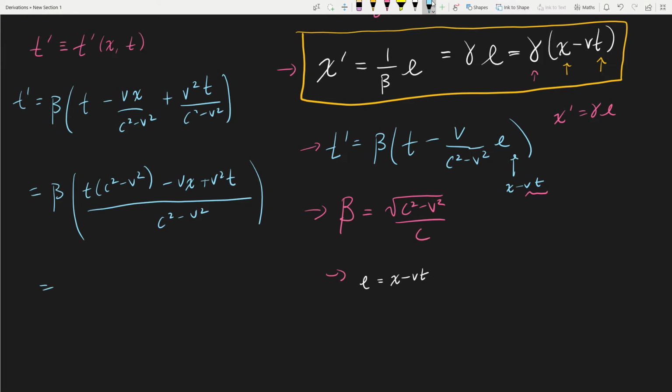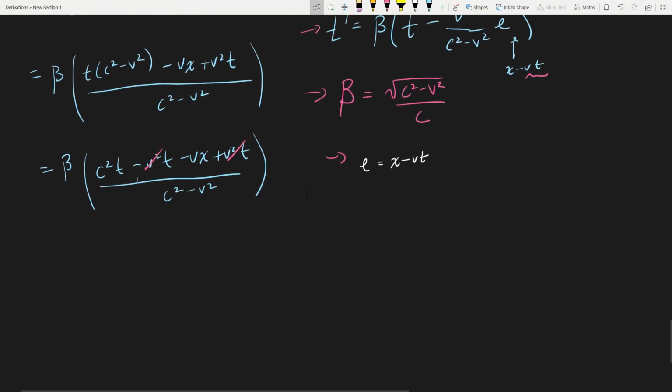Then we see that some stuff cancels for us, which is nice. So we get c squared t minus v squared t minus vx plus v squared t, all over c squared minus v squared. The v squared t drops out.